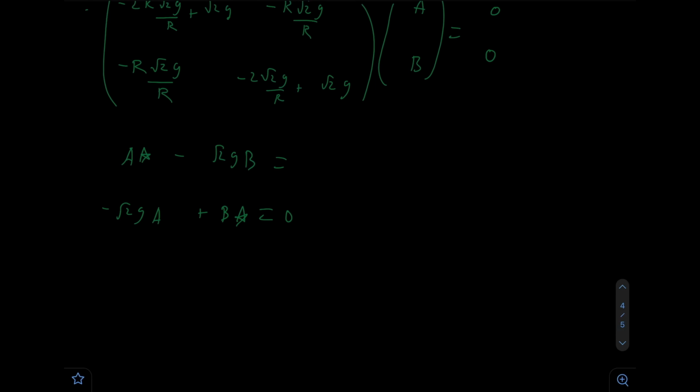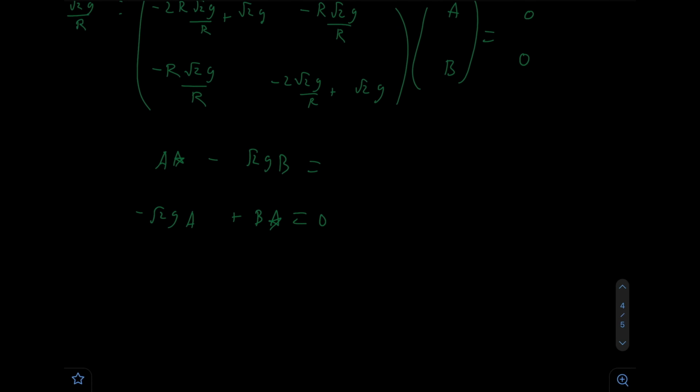So what we want to do at this point is solve for the ratio of a over b. We can't actually solve for a and b themselves. That's because they're coupled to each other.